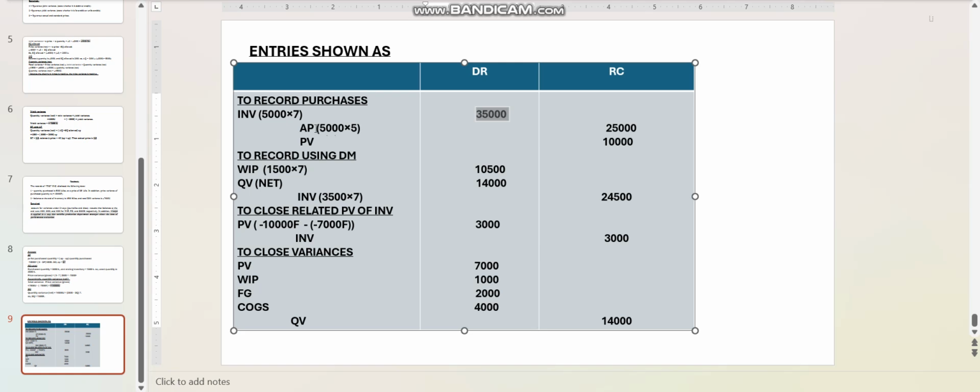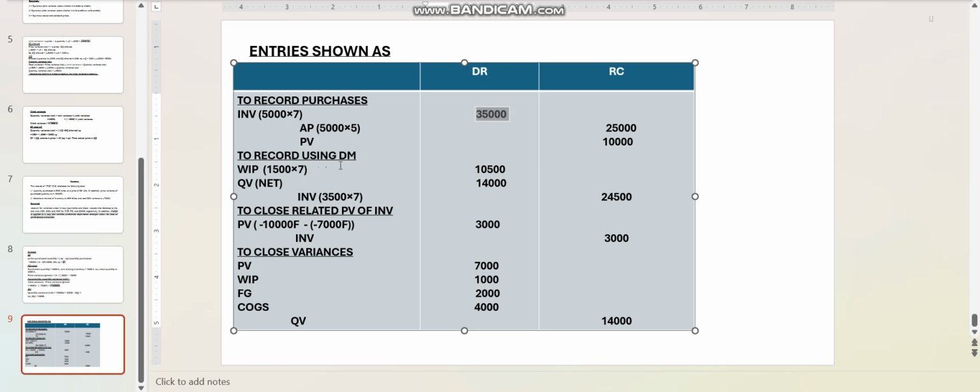While accounts payable, quantity purchased times actual price, 5,000 times 5, is 25,000. Then price variance appears as credit since it's favorable. So favorable variances are credit by default.